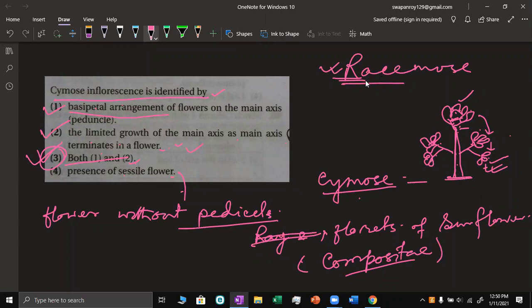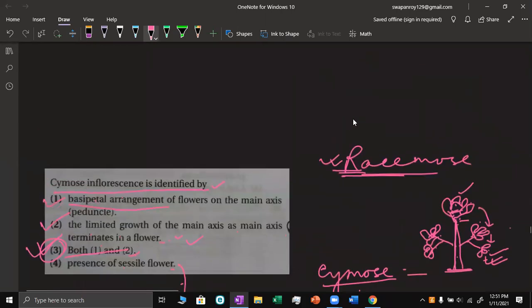Just the opposite is the racemose. In racemose, what happens? The main axis does not end with the appearance of a flower and the opening of the flower. Here it is acropetal, or centripetal.